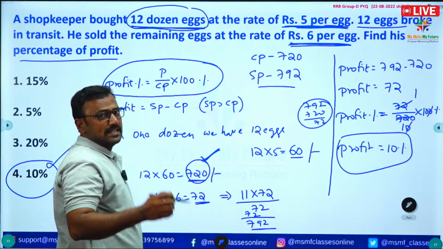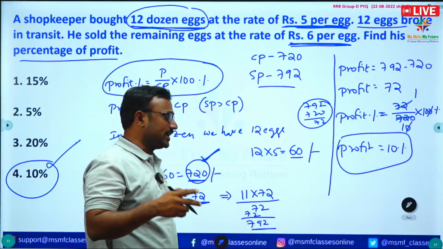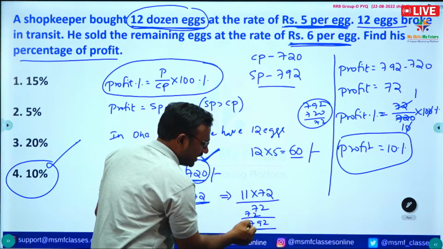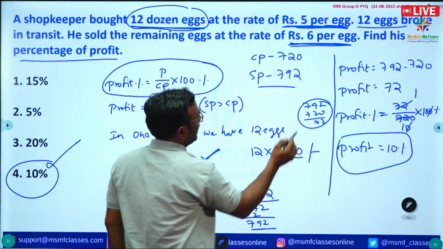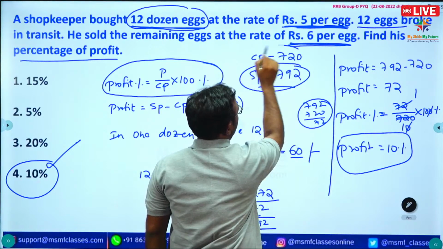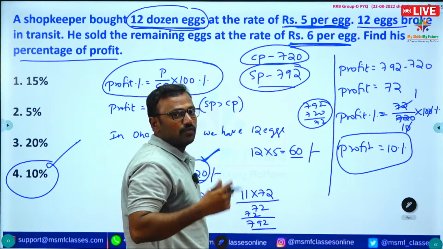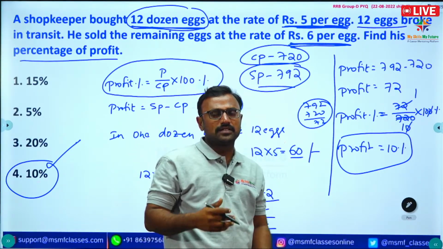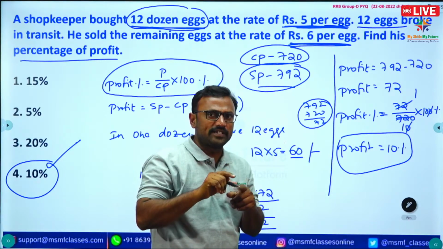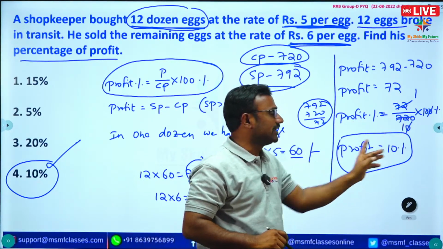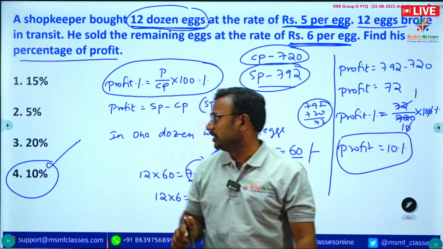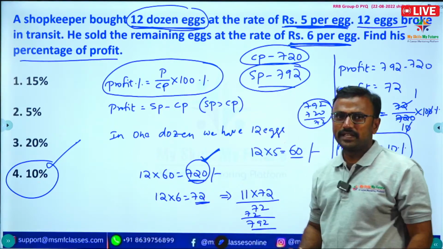Then the selling price of 11 dozens of eggs is 792, and this is the cost price 720. Profit percentage means profit by cost price into 100%, and we get 10% profit. So option 4 is correct.